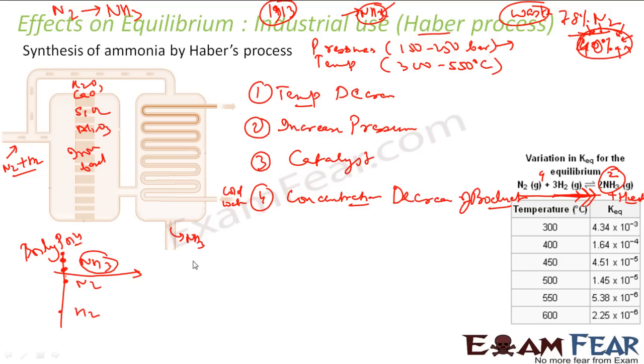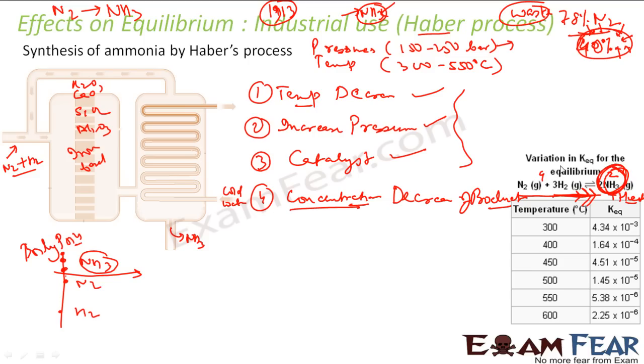So thus, if you see, in the industrial usage of Haber process to produce ammonia, we used almost all the features of equilibrium. We played with temperature, we played with pressure, we played with catalyst, we played with concentration, just to get maximum ammonia.